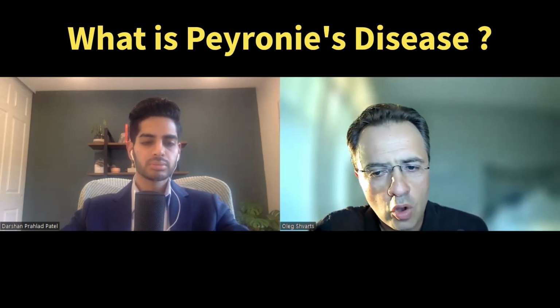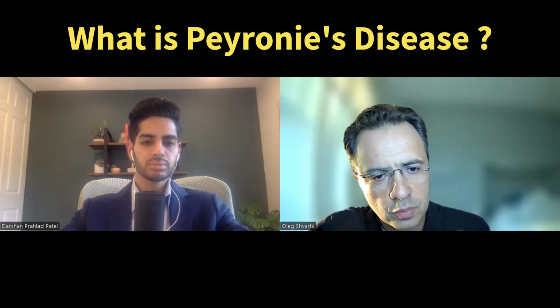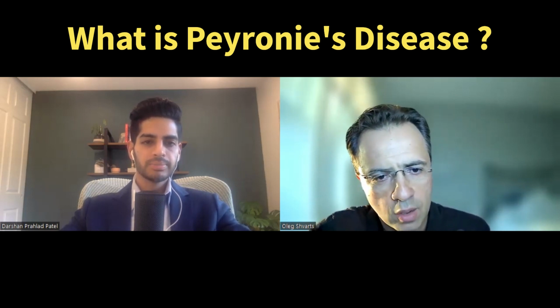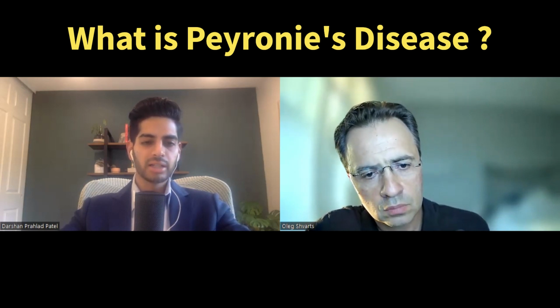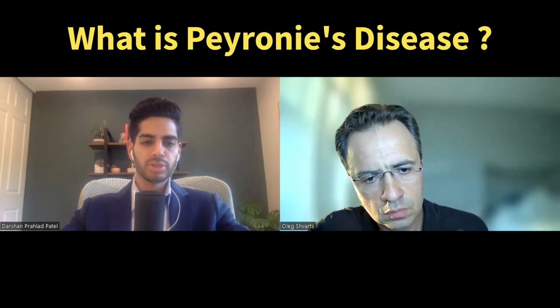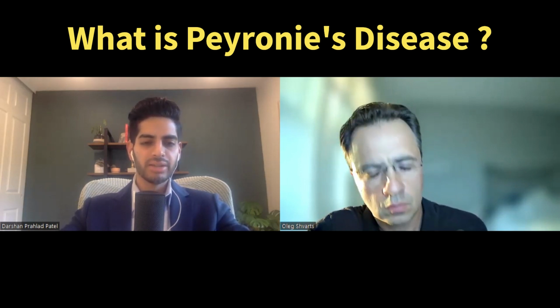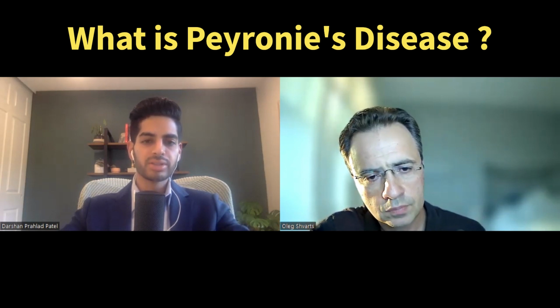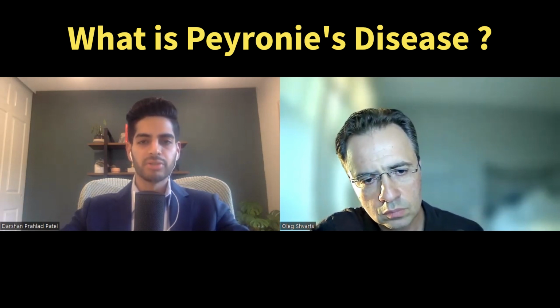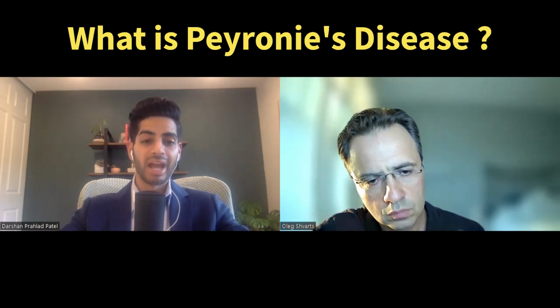And do we know what is actually causing that curvature in Peyronie's? Like what makes the penis bend that way? Yeah, so most men have a plaque that develops in the tunica, which is the tissue that surrounds the erectile body. And this plaque or tissue basically prevents the symmetric expansion of the erectile body when someone has an erection.